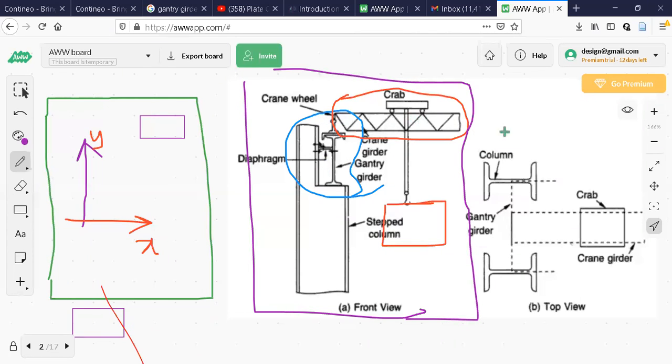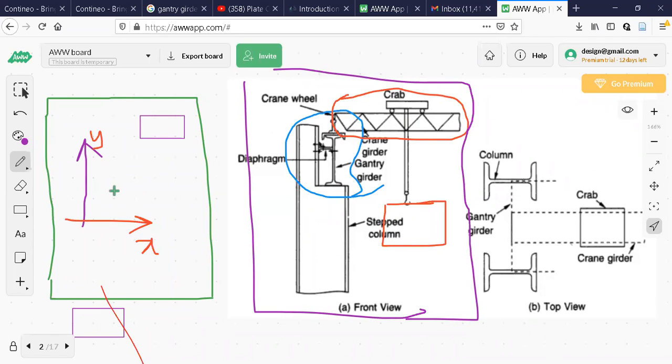On that, this crane girder is resting. It means the crane girder is resting on two gantry girders on either side, so that I can move it along the y direction. If you look at this plan, the crane girder moves along the y axis, but it is supported on two gantry girders at the ends.